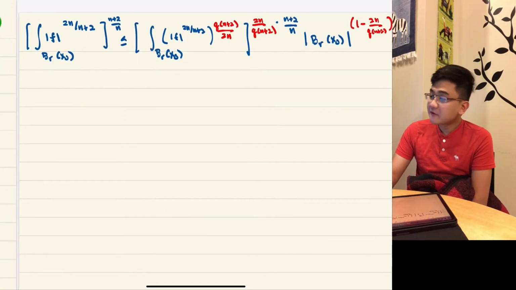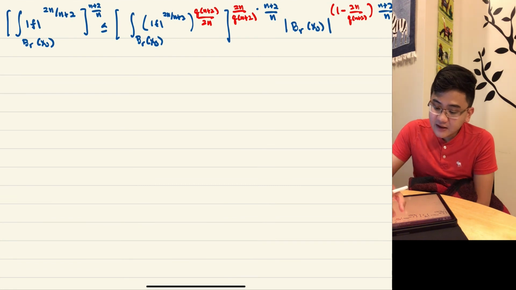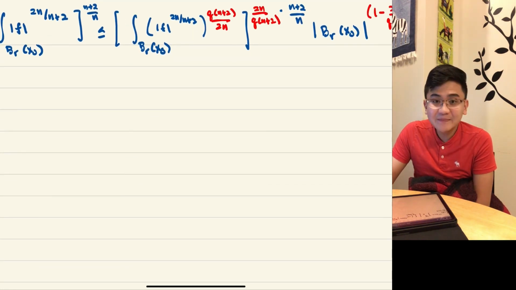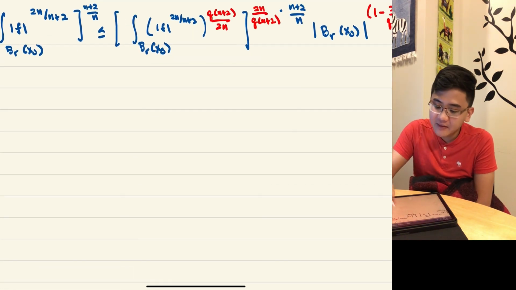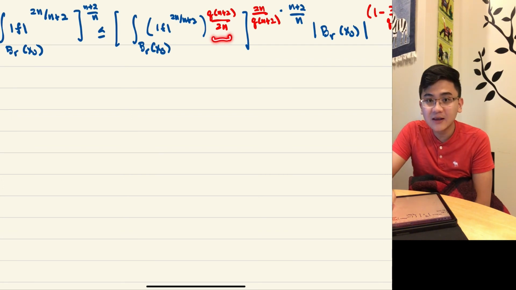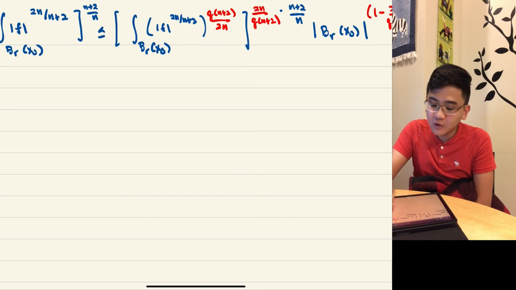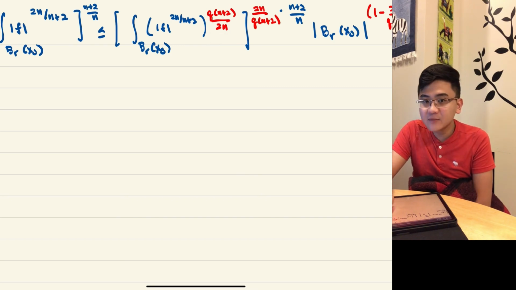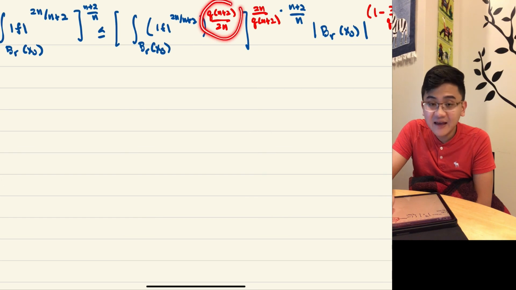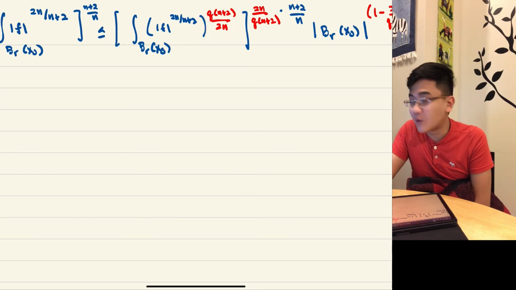Okay, but before we proceed, let's make sure first that this is an allowable exponent. Note that you can only use Hölder's inequality for pairs p and q when p and q are greater than or equal to 1. They cannot be less than 1. So the question is, on the assumptions that we have on q, is this greater than or equal to 1?